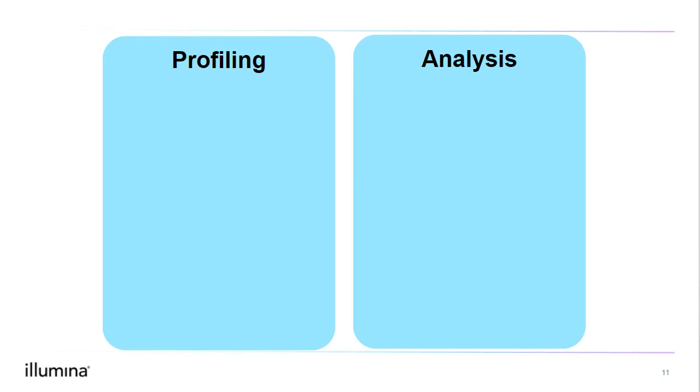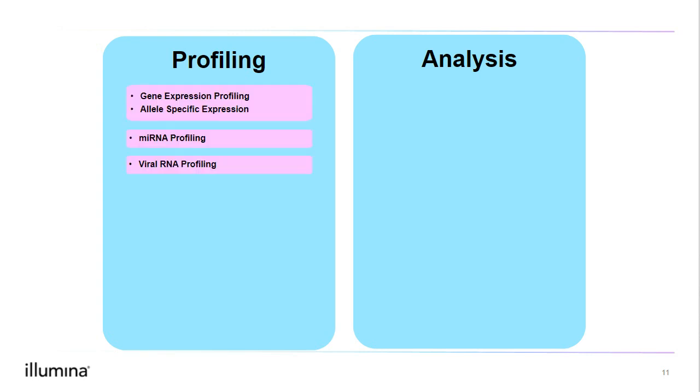When we're considering which kits to use, we want to take a step back and think about our RNA-Seq applications. What are the questions that we want to address? We can generally divide these RNA-Seq applications into two buckets, profiling and analysis. Profiling is going to be more about counting.